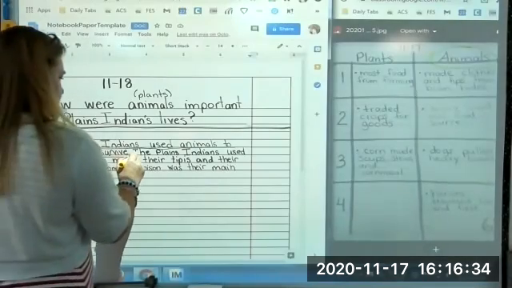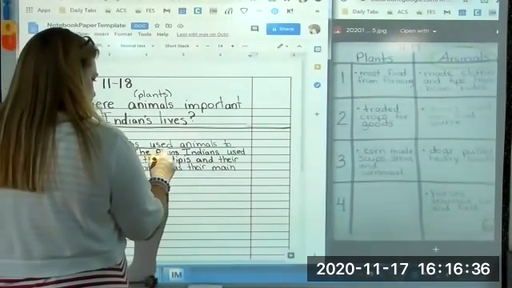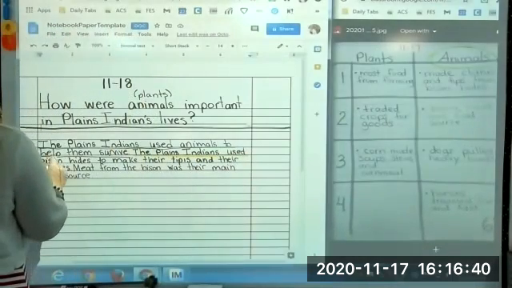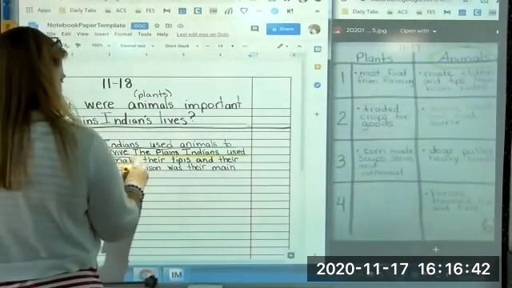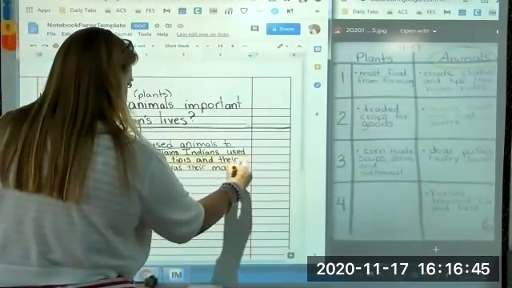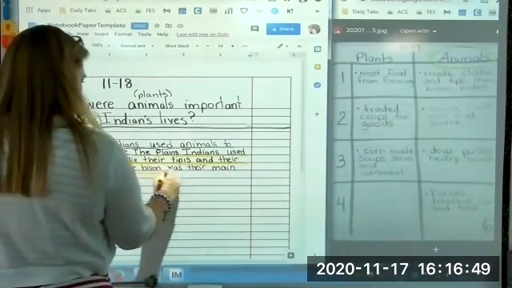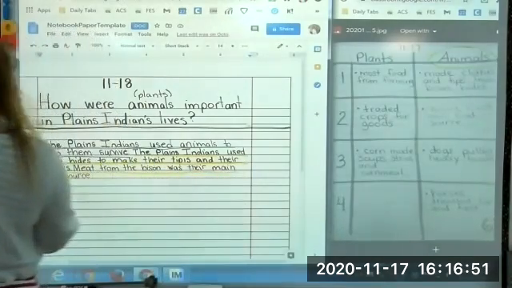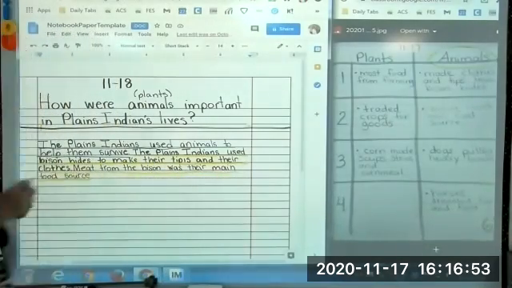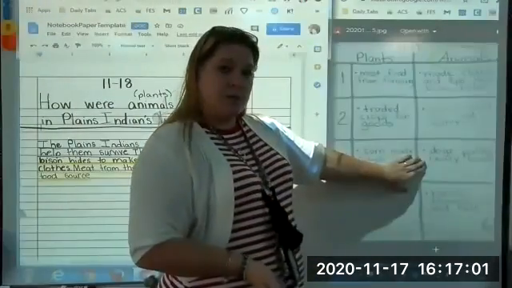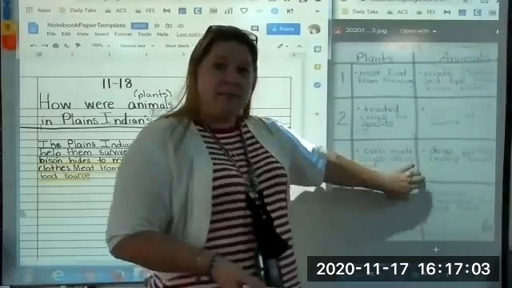So I'm going to underline it in yellow. Okay. So now I'm going to go to my next animal. I'm going to go back to my chart. And it talks about how they used dogs to pull heavy loads.